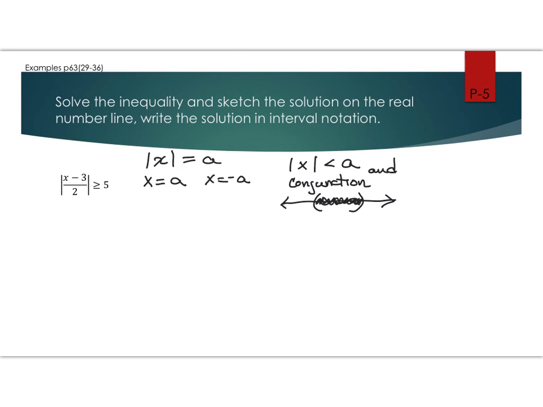Now, if my absolute value is greater than any number and my inequality is pointing away from my absolute value, this is partnered with the word or, because you basically keep every solution that you find. So it can be a solution of the first version or it can be a solution of the second version.